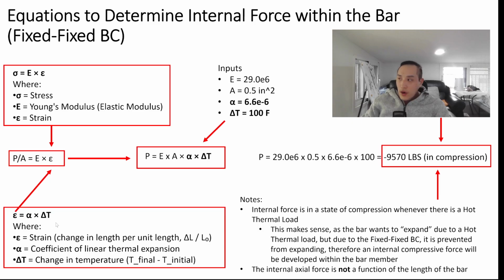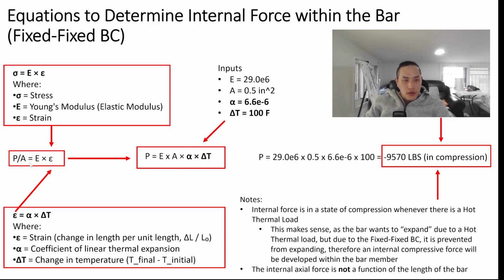And for thermal analysis, we know that the strain of a material is equal to alpha, which is the coefficient of linear thermal expansion, times delta T. Delta T is the change in temperature.